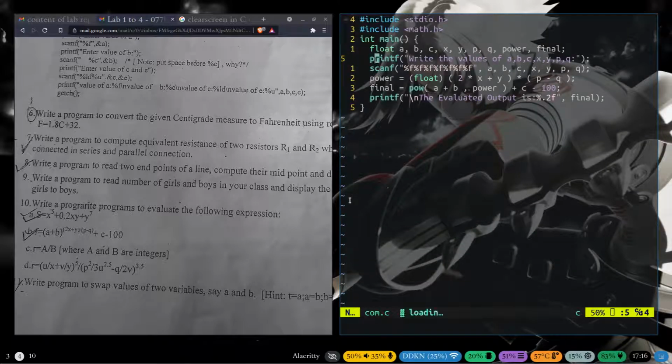I always forget the ampersand here. And do the same thing. Okay.